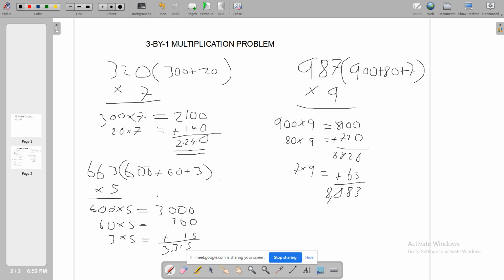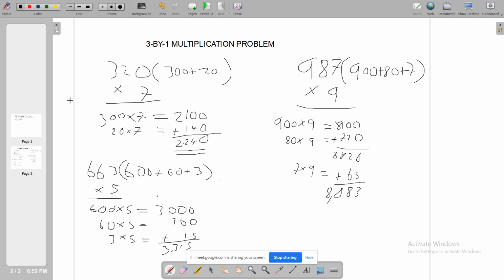This is when you are in thousands. When you are in thousands, there's no way it will be like this. When it's not in thousands, let's take this one as an example. Okay, this one is not in thousands. I'm having 300 plus 20.